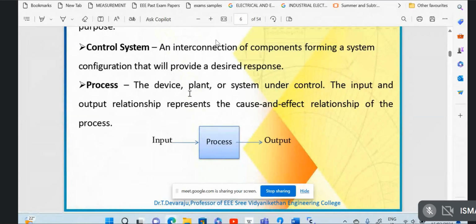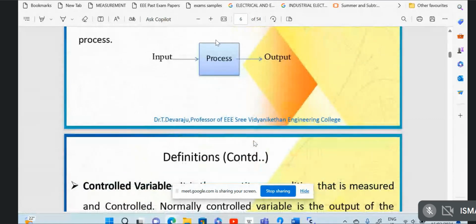So the input and output relationship represents cause and effect. Input is the cause, and output is the effect. So there's a cause-effect relationship, input-output relationship. There's something working within this black box.